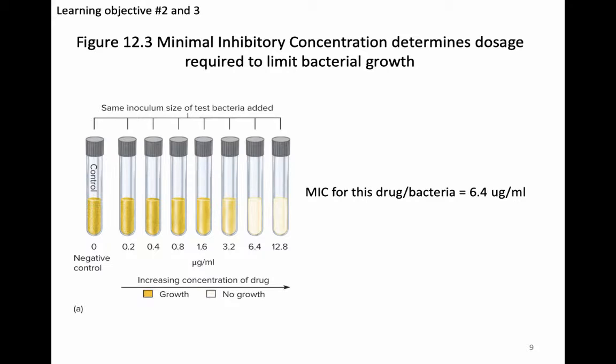So above that concentration, we do not see growth of this bacteria in the presence of the drug. Below that concentration, we do see growth. So we would establish from this experiment that the MIC for this drug bacteria combination is 6.4 micrograms per milliliter.